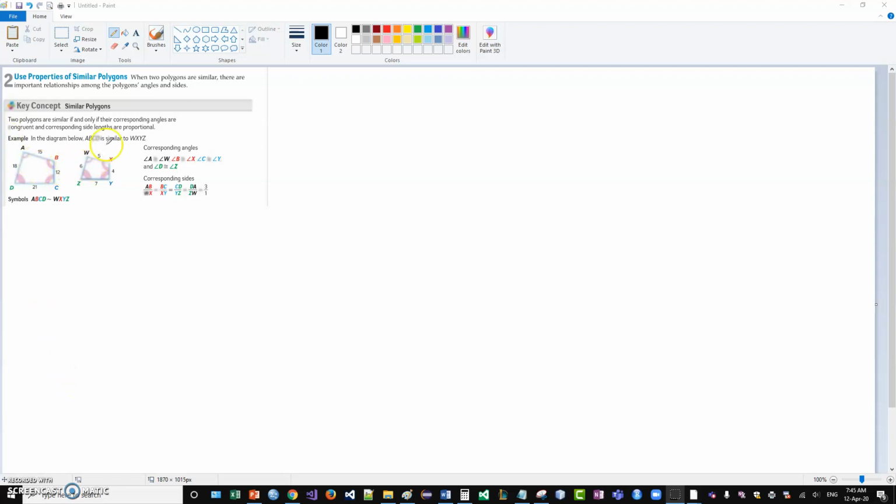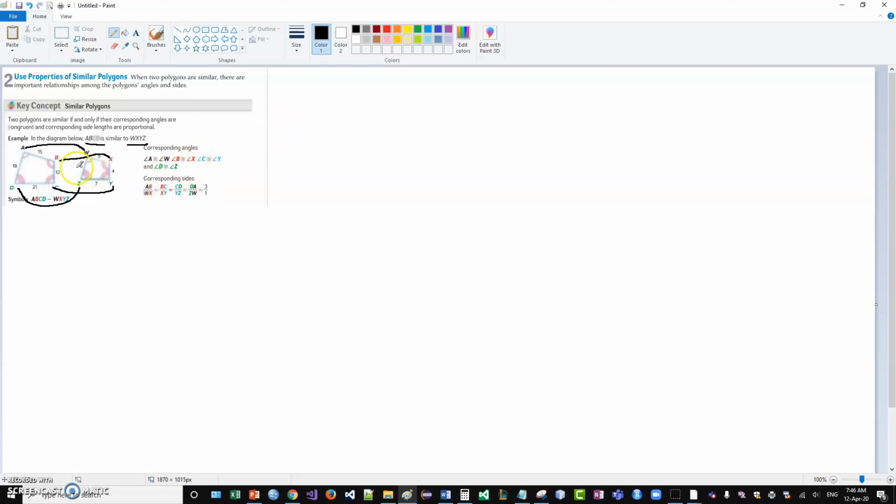So if we look at A, B, C, D in the same order, angle A equals angle W, angle B equals angle X, angle C equals angle Y, and angle D equals angle Z. So corresponding angles are equal and corresponding sides are proportional.